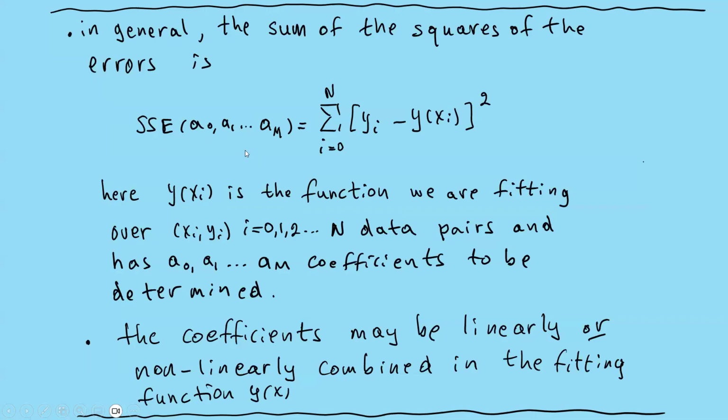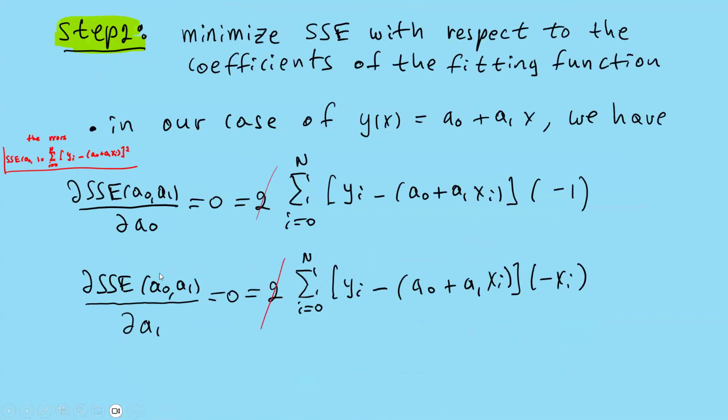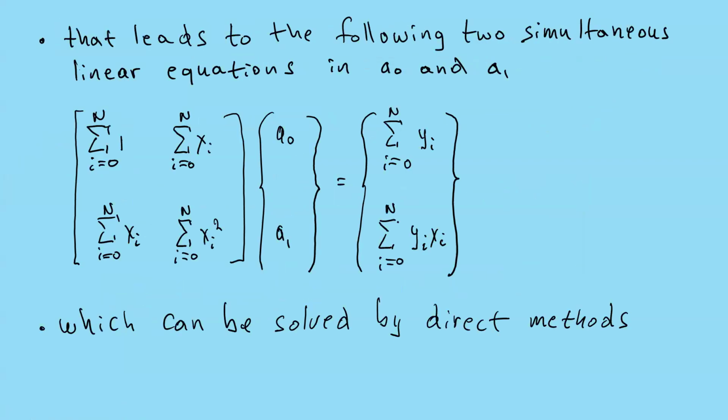Once we write the SSE, the next step is to minimize the SSE with respect to the coefficients of the fitting function. For example, our fitting function has two coefficients, A0 and A1, and we minimize the SSE with respect to A0 and A1. After that, we rewrite these equations in the format of a matrix and vector.